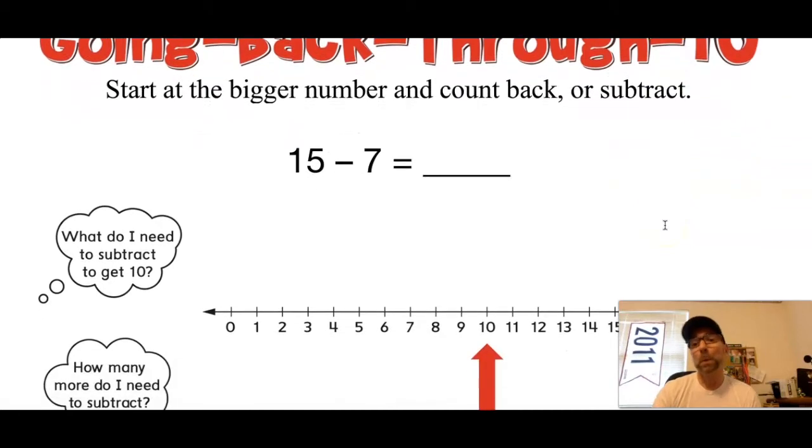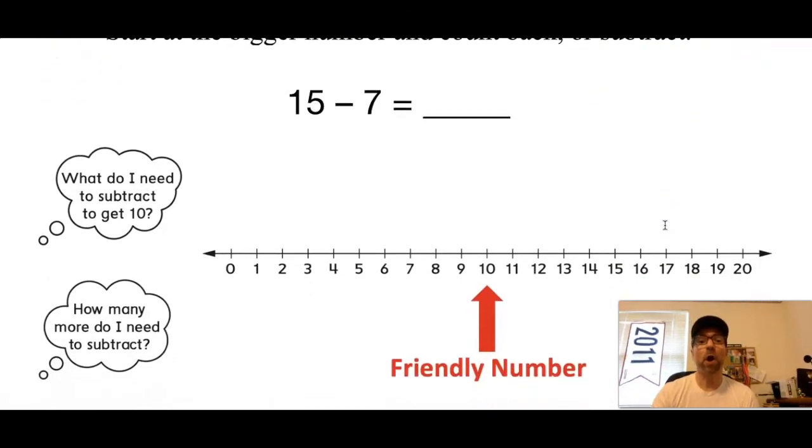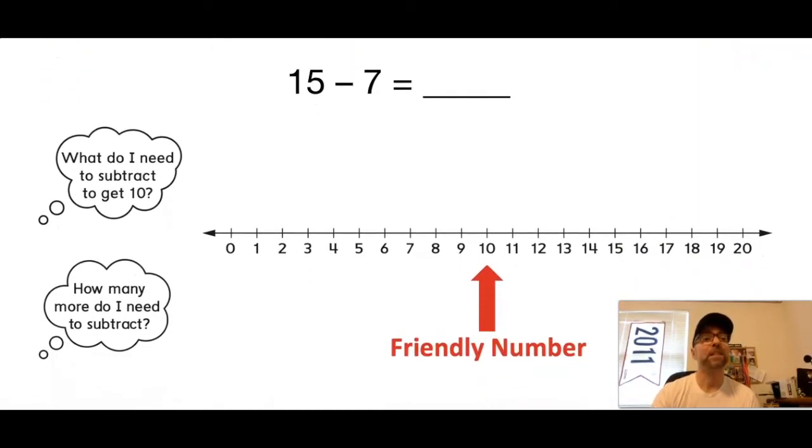So let's go ahead and do this one on our number line. We started at 15, so we put a dot on the 15. And we wanted to think, how much do I have to subtract in order to get to 10? And we made a big hop all the way to 10.